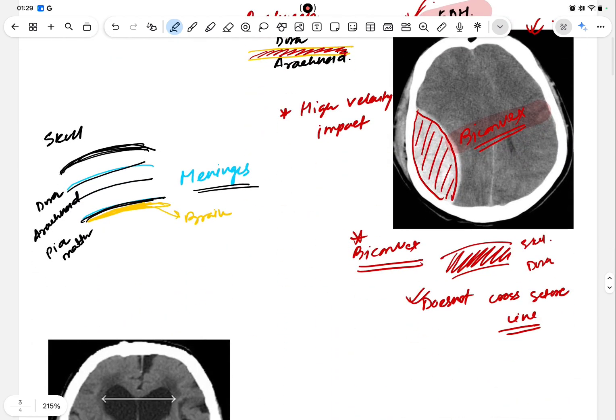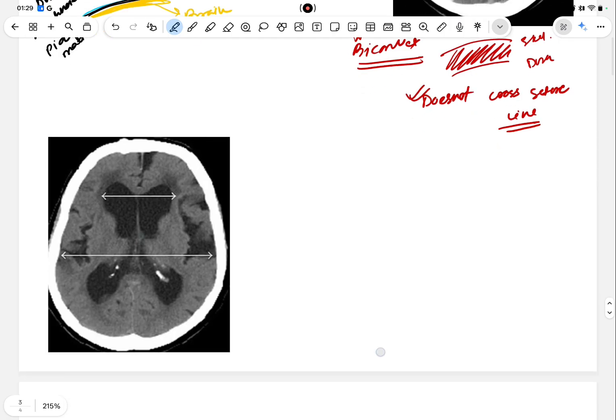Okay, now coming to hydrocephalus, however you can say. Hydrocephalus is actually dilatation of the ventricles.